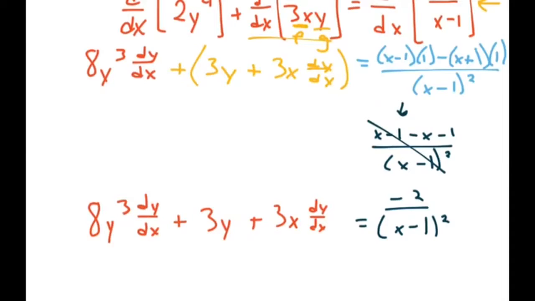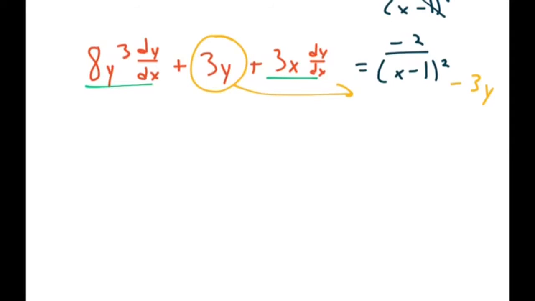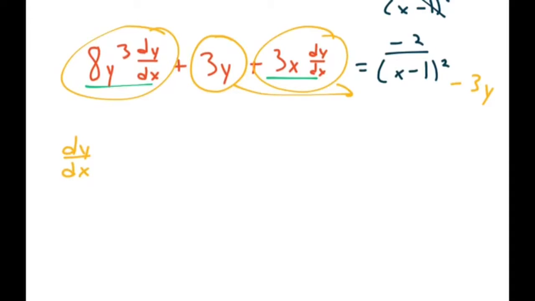So then the next step, you would want to isolate the terms that have dy over dx. So these two you're going to keep on the left side, and then you're going to move the 3y to this side. So you're going to subtract 3y over here. The next thing you would do is take out the dy over dx, because both of these terms have it, and they're both going to stay on the left side.